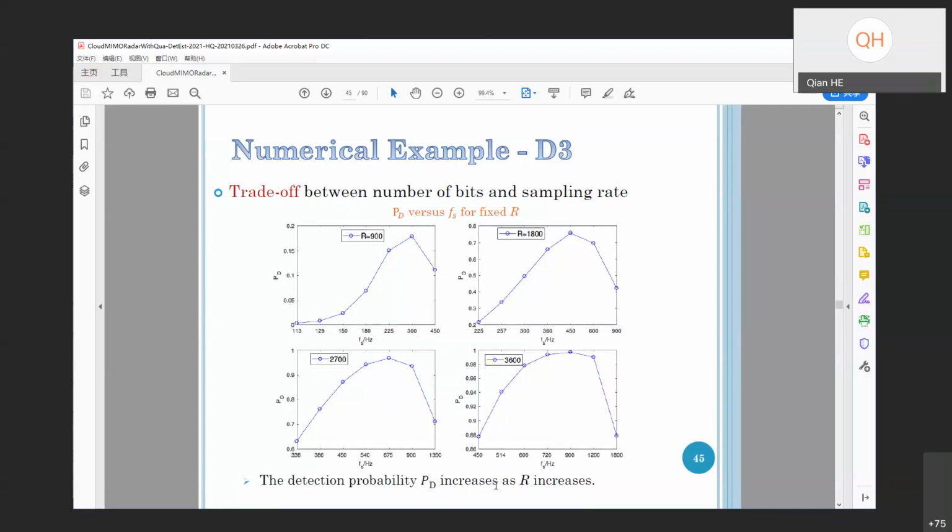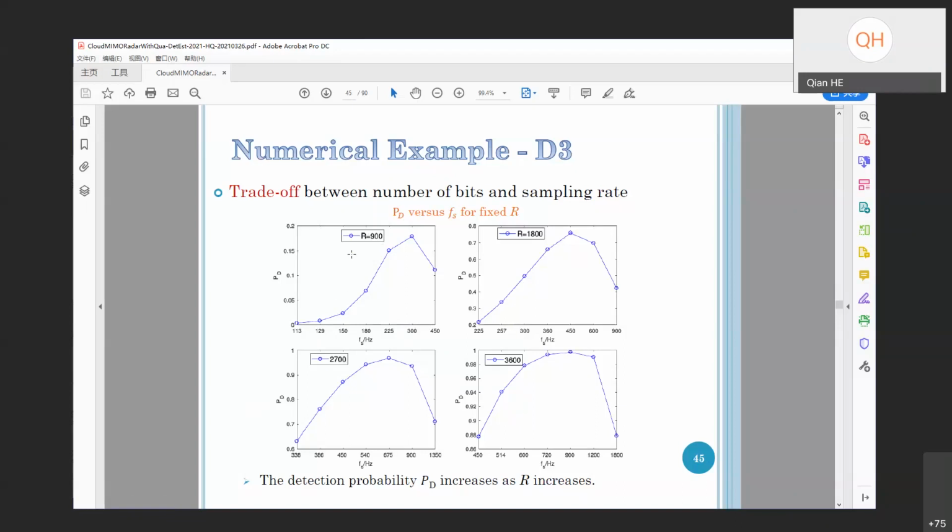So what we did here is we fixed the constraint. We fix the bit rate, right? We fix the product of B and Fs, and we plot the detection probability versus the sampling rate. So we have 4 different figures. For each figure, we have a fixed bit rate.